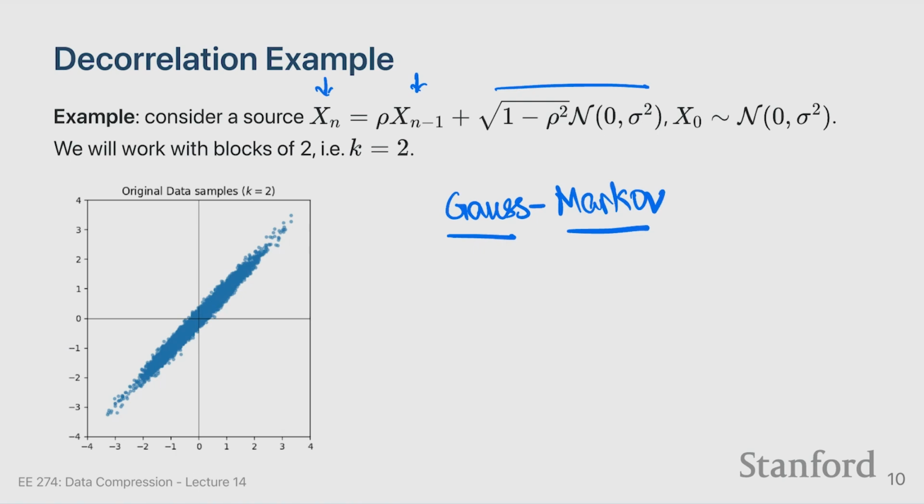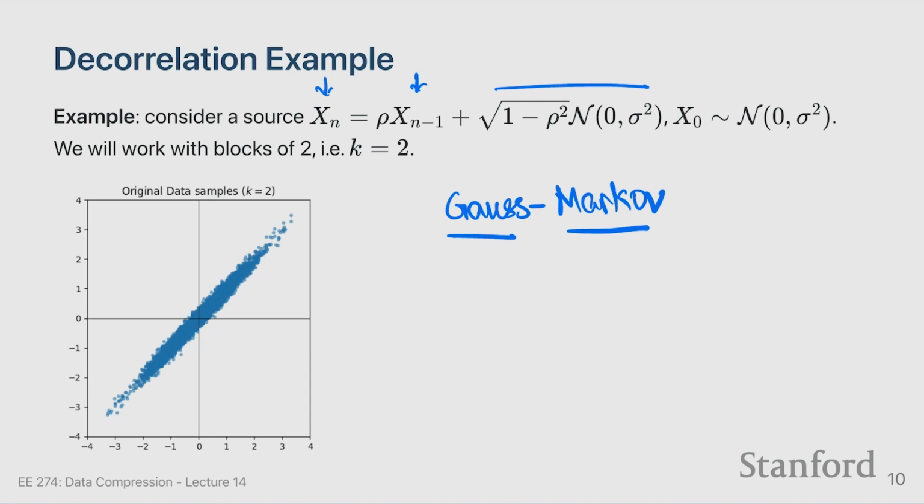Now you can clearly see that there is some correlation, right? The next sample would depend on the previous sample depending on the value of rho. So once you know the previous sample, you know a decent amount about what the next sample is going to be. So hopefully we should be able to decorrelate and do something better with this source.